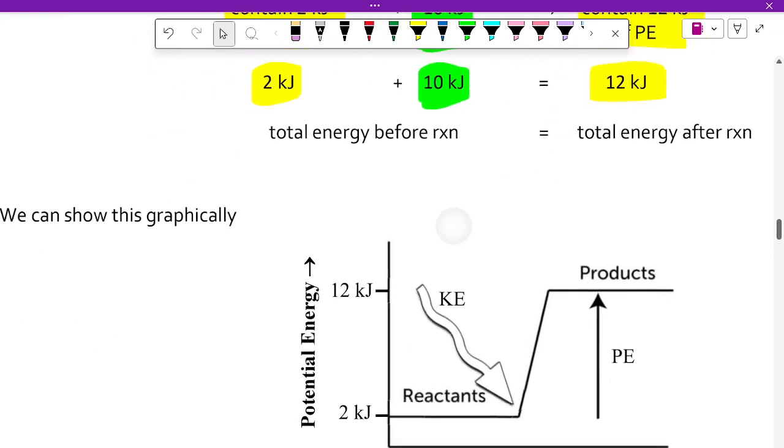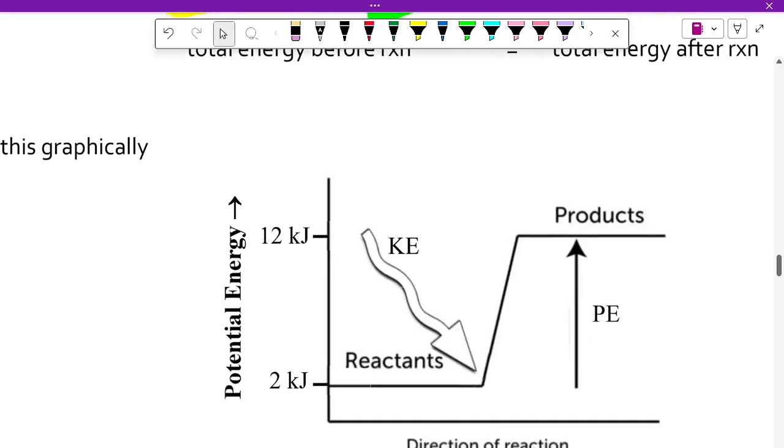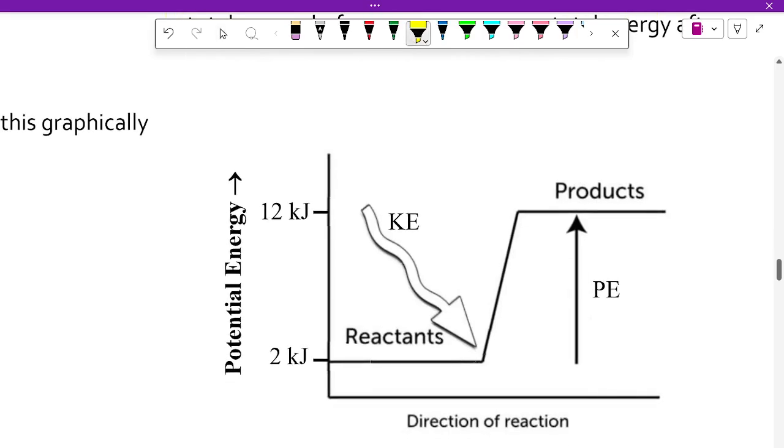Graphically, what that's going to look like, we have our potential energy on the y-axis. And we're starting at 2 kilojoules for our reactants. So here's our reactants down here. And our products have 12 kilojoules of potential energy, so they are up there.